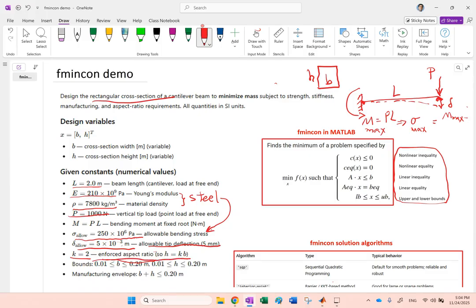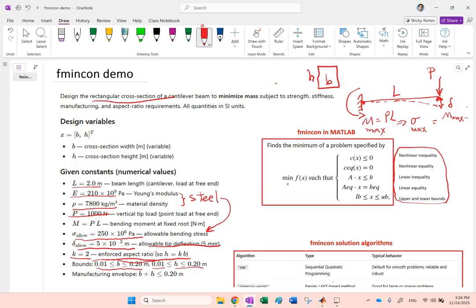Also, because of the space that we have, B can only be between 10 mils and 200 mils, and H should be between 10 mils and 200 mils as well.